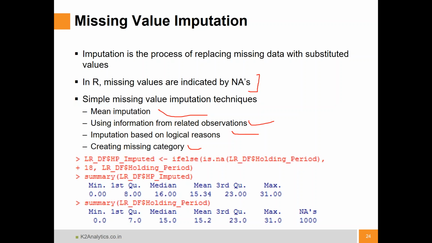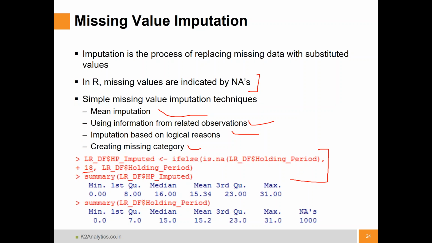Now let us see. This is the logic of imputation. I have decided that I want to impute holding period as, say, 18. Based on interpolation, say the number comes out 18. I need not be very exact, 17.75 is not required.